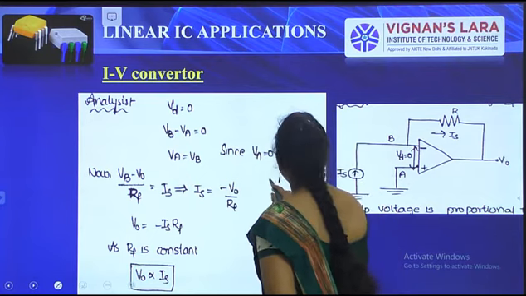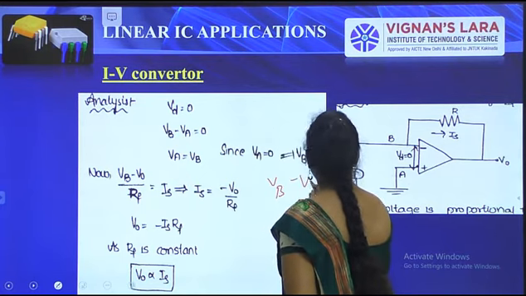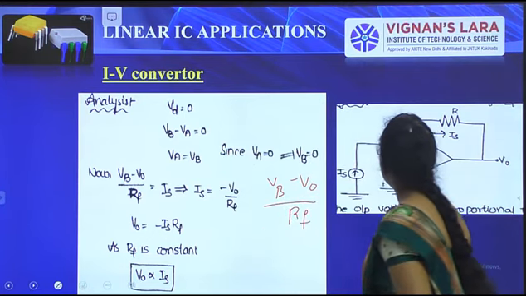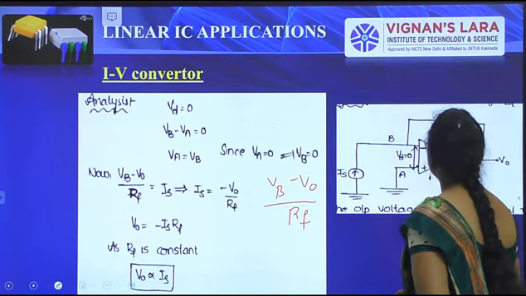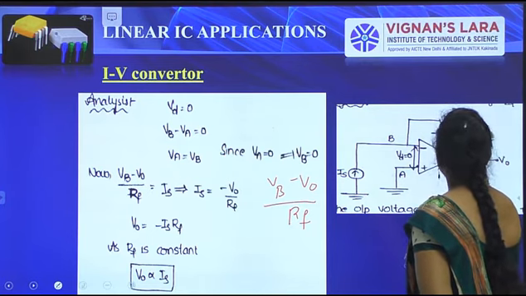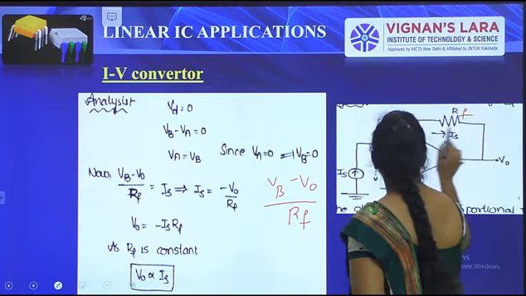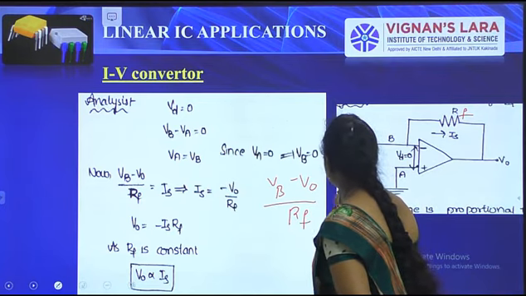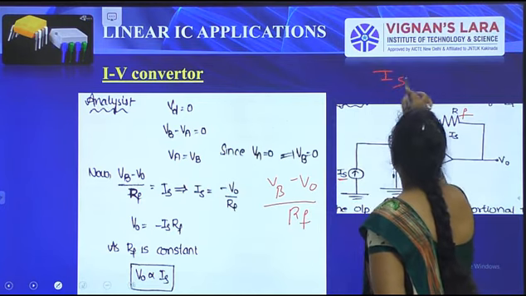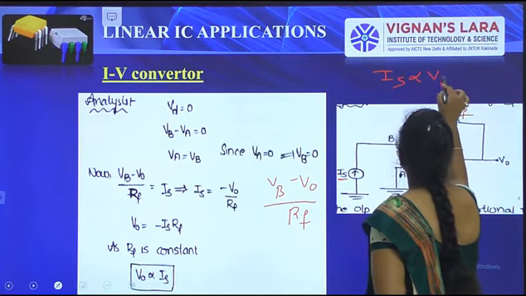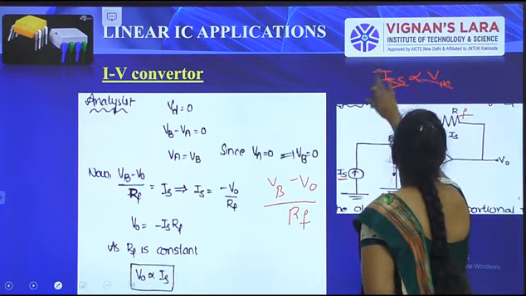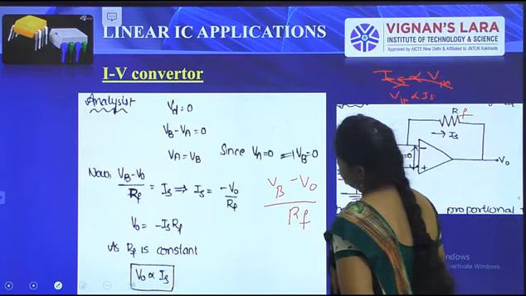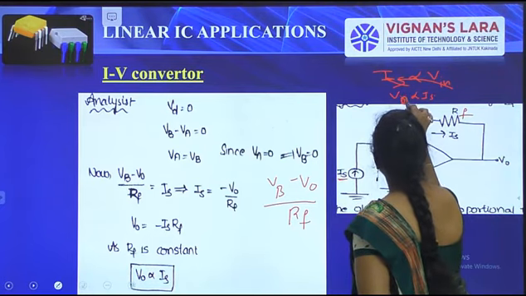So IS is equal to VB minus V0 by RF. Finally, we want V output to be proportional to IS.